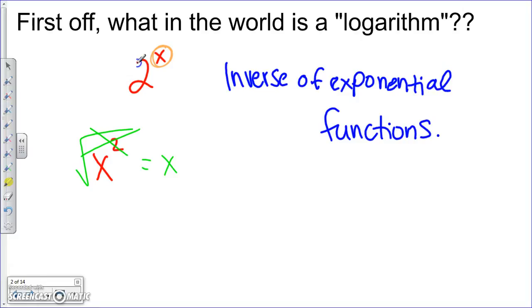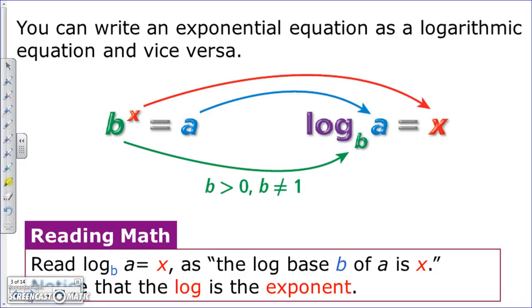The first way we're going to look at it is we're going to convert back and forth. So any exponential I can write as a logarithm and back and forth, okay? As long as the value of b is bigger than 0, and we usually don't let b equal 1, okay? So on the left-hand side, you have base b being raised to the power of x is equal to a value of a, okay?